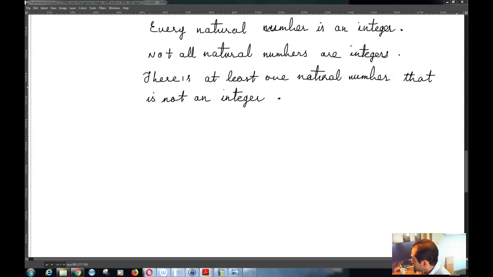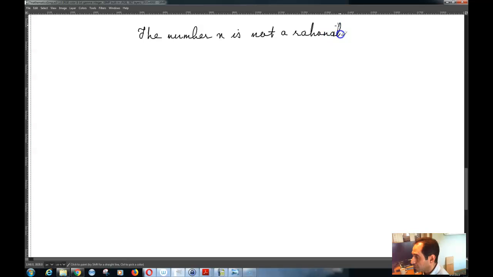Now, question number 2 is: are the following pairs of statements negations of each other? You have one statement here: the number x is not a rational number.